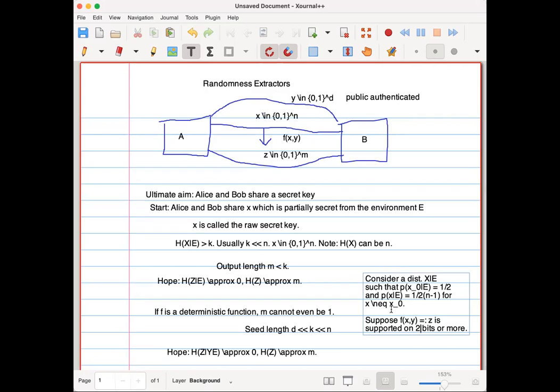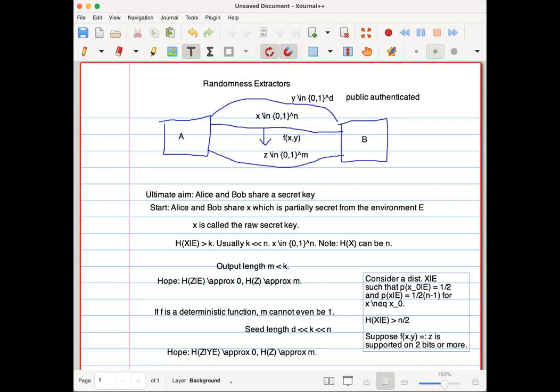Actually it's not n minus 1, it is close to n over 2. So I should say that the entropy of x given E is greater than n/2. There can be distributions which have high conditional entropy.